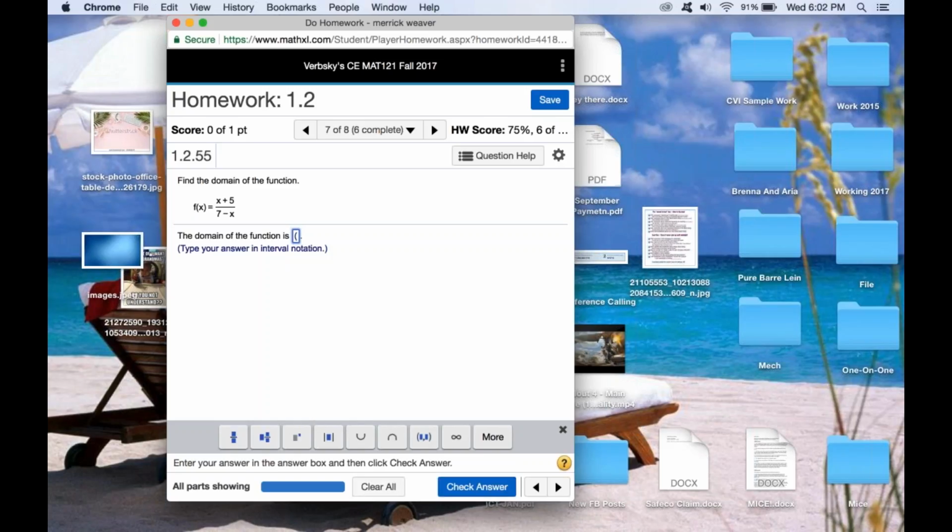I don't think it's in that table. It's probably just your keyboard. Okay. All right. Type this one. Minus infinity, comma, 7, end parentheses, union, which is the U. This one right here? Uh-huh.